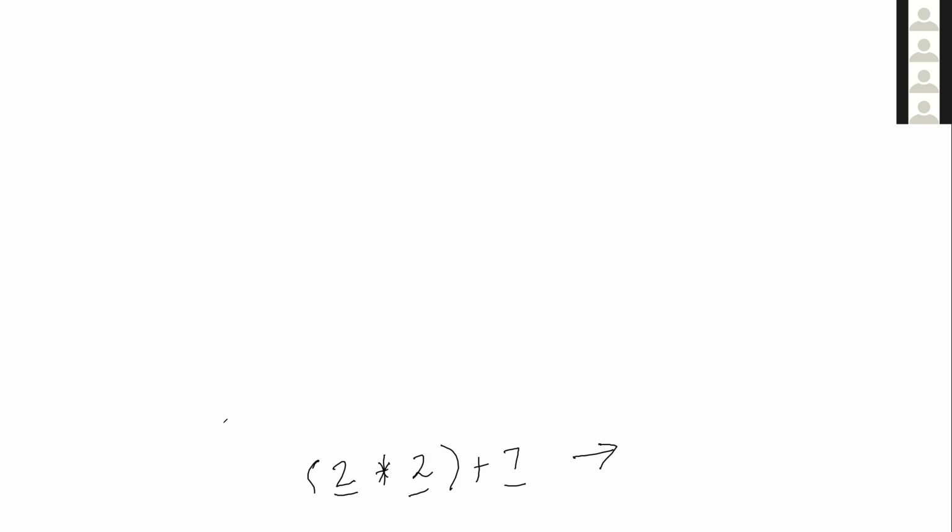Now, one thing I should do is, I was thinking when I did those before, I shouldn't write down the right side, because really the way this works is you look and the principal connective here is plus.